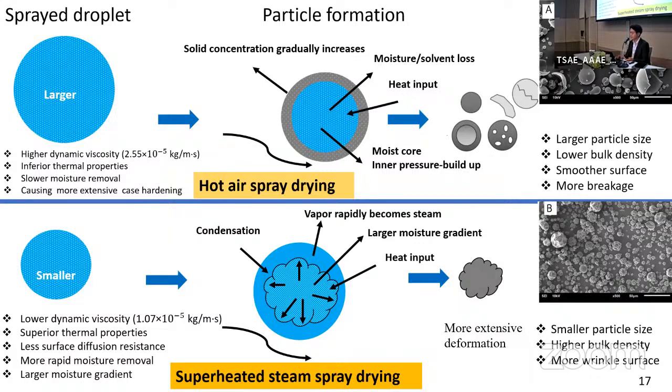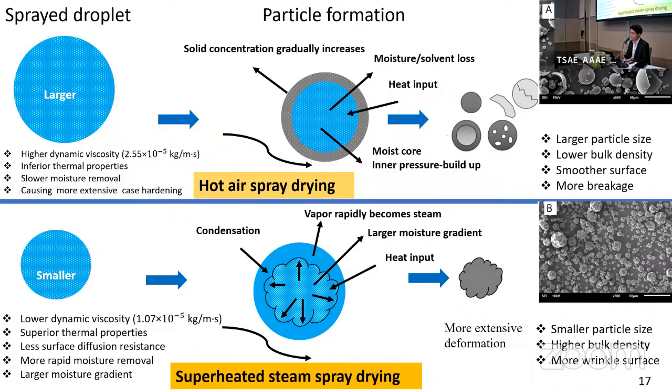This is probably because superheated steam exhibits superior thermal properties to air at the same temperature. This results in more rapid moisture removal from the droplets. More rapid moisture removal results, third, in a larger moisture gradient, and the larger moisture gradient induces stress that leads to more extensive deformation of the particles.